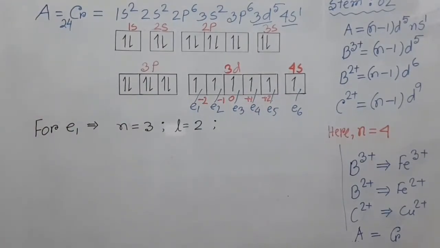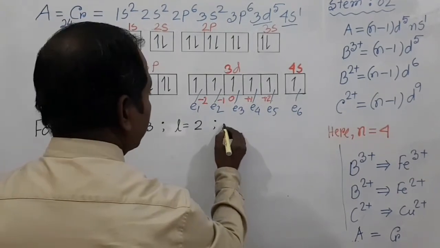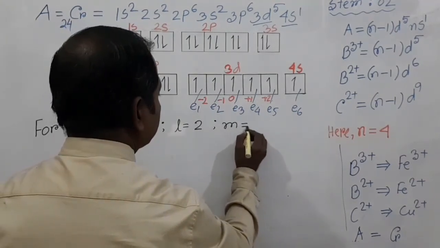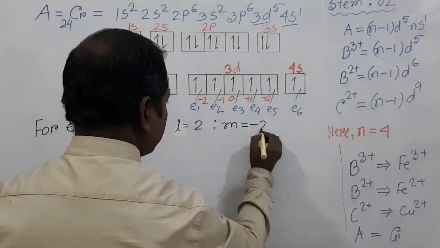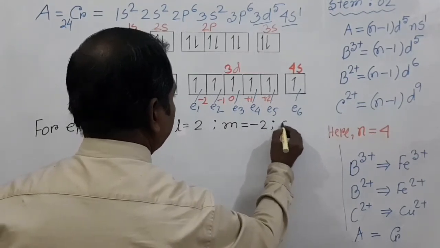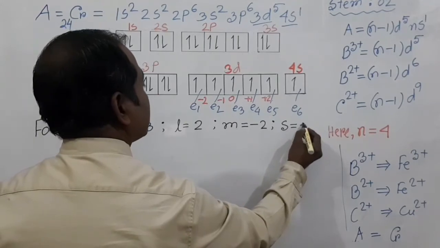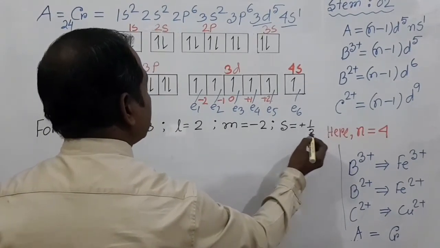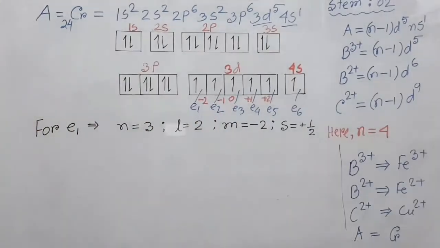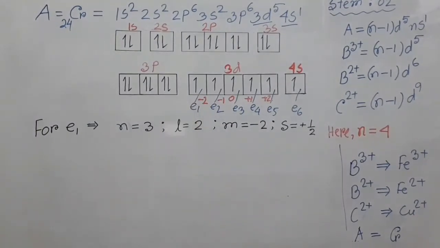So the value of m for E1 equal to -2 and the value of s equal to +1/2, because this is the first electron for this orbital.